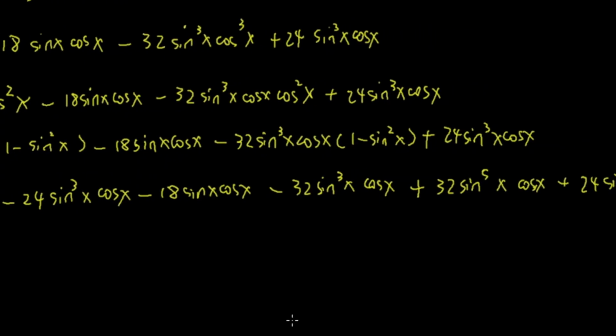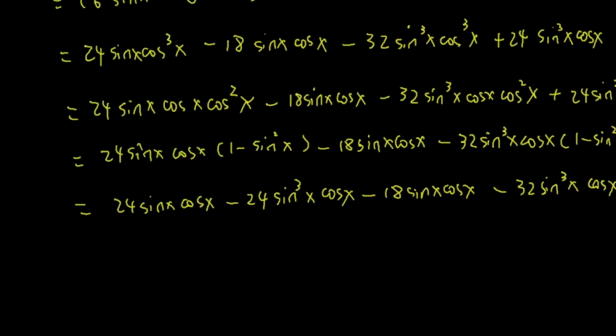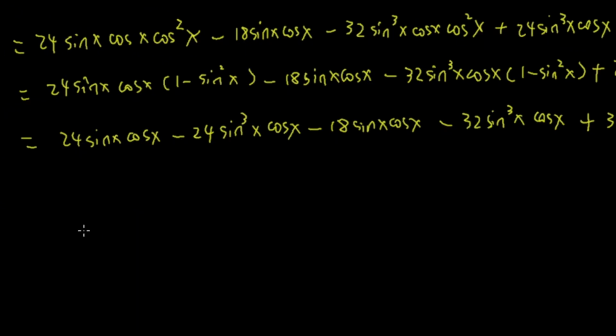So we should write this one first, because it has the highest degree of power. 32 sine 5th x cosine x. Next, maybe sine cube x.